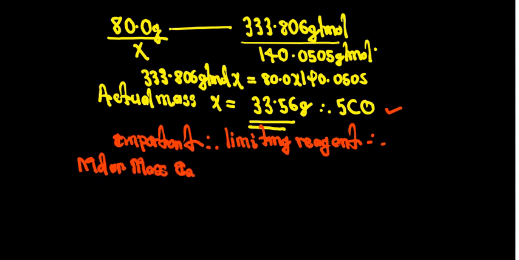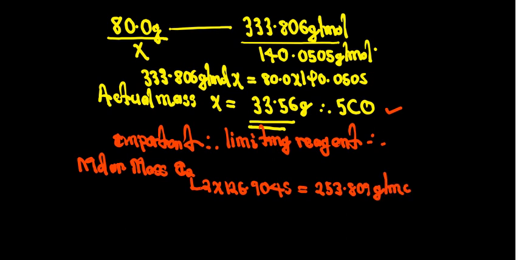This is how it has been written in the side of the product. So this is 2 times 126.9045, which is now equal to 253.809 grams per mole. This is what we had.